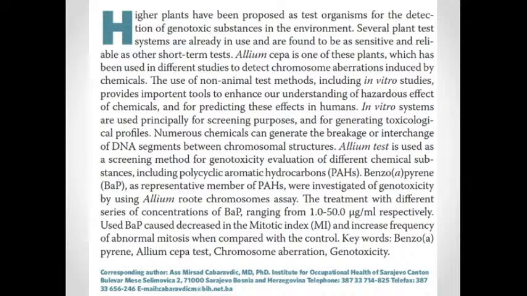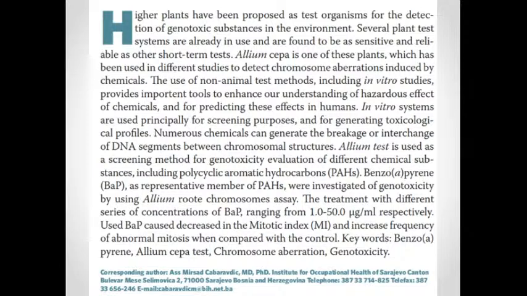Allium cepa is one of these plants which has been used in different studies to detect chromosome aberrations induced by chemicals. Because in Allium cepa it is quite easy to see your mitosis happening, that's why we use this system to check what is happening at the chromosome level. This is a better method because we are not using animals, it's in vitro and non-hazardous, and we can check any chemicals and predict those effects in humans also.